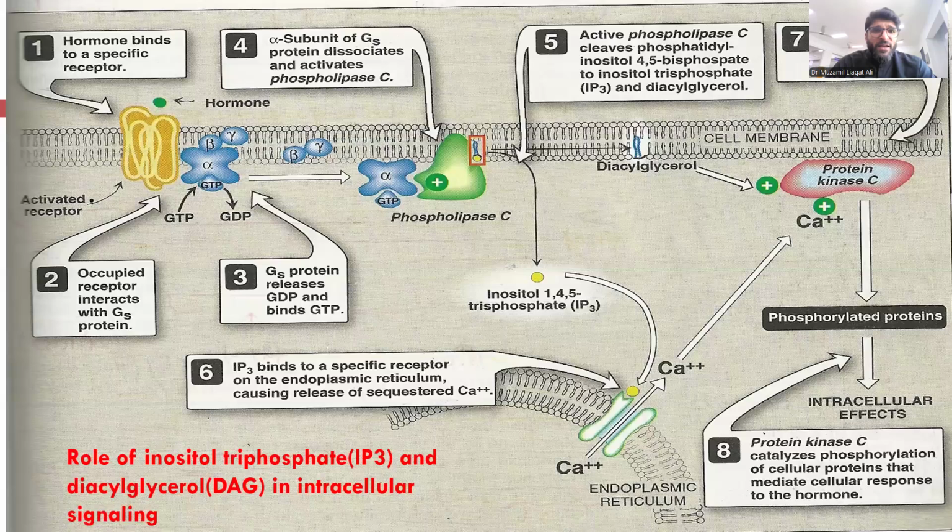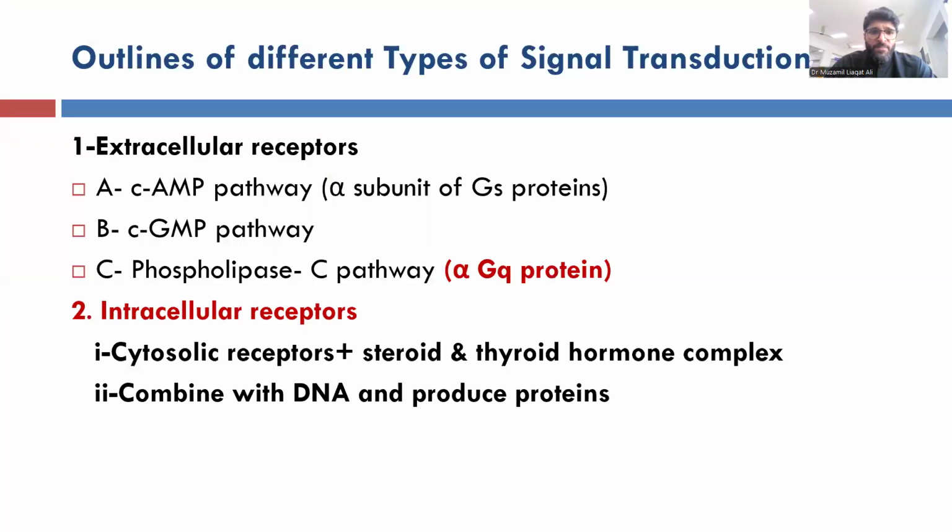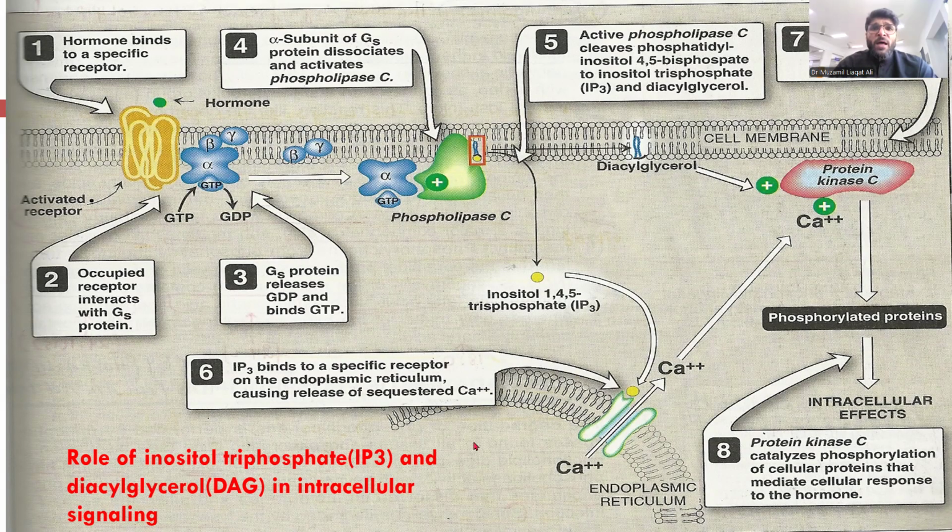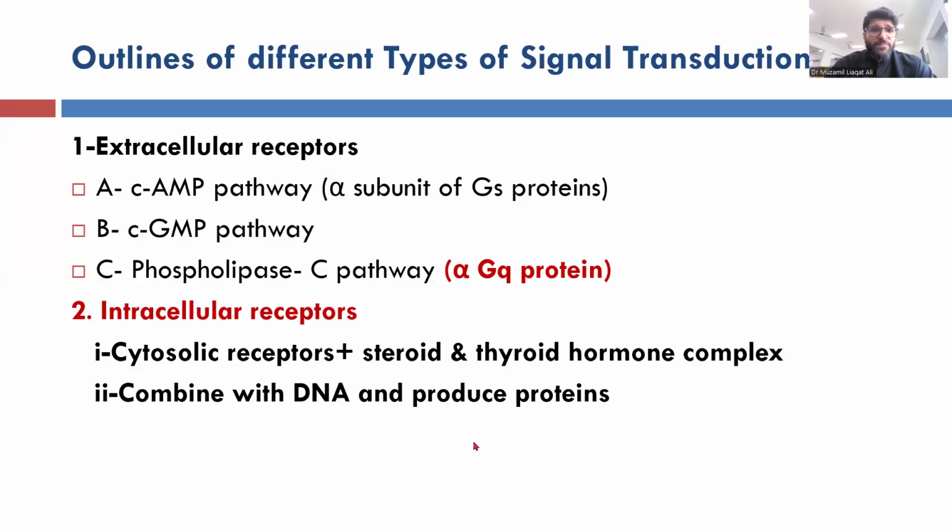This is what you have, an illustration from the Lippincott, that outlines the different types of signal transductions.